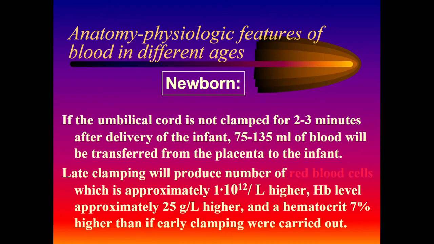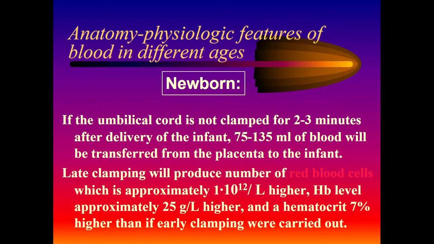Newborn. The umbilical cord is not clamped for 2-3 minutes after delivery of the infant. 75 to 130 milliliters of blood will be transferred from the placenta to the infant.